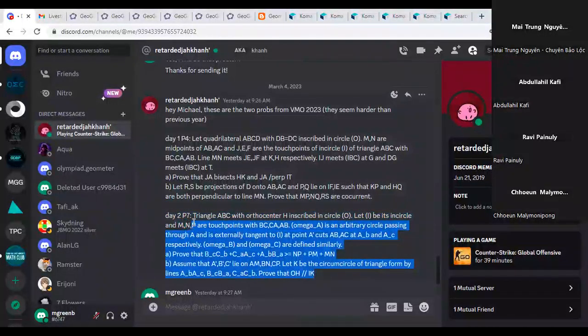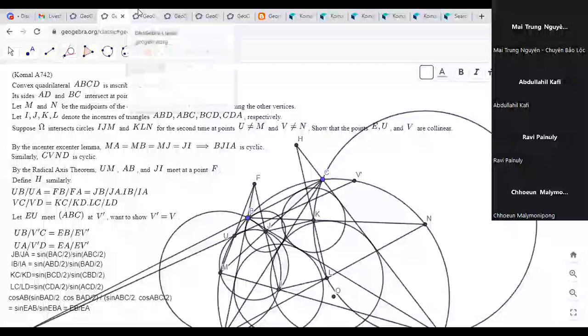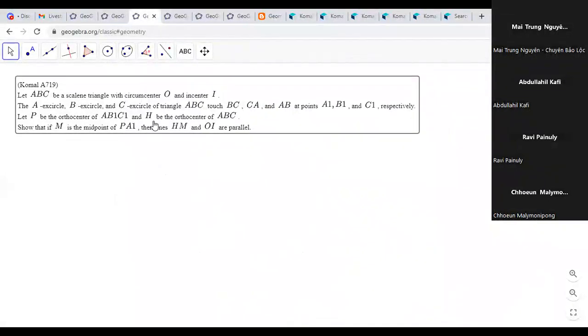All right, let's do, that looks hard, P7. Oh, you solved both of them. Okay. So you've already done it, right? Yeah, I don't like inequalities, but if you've already done both of them, do you want to just go on to another Komal problem? This one looks kind of interesting.